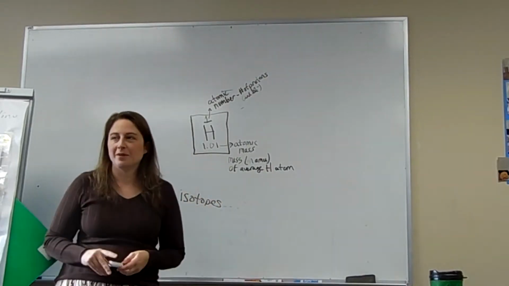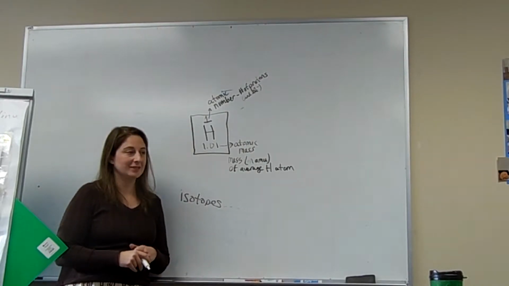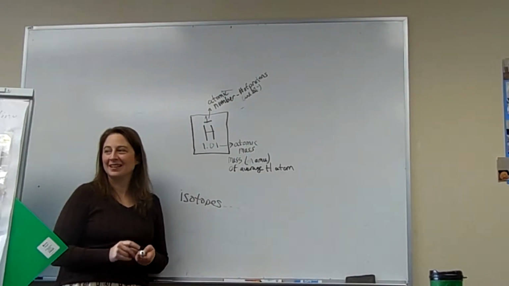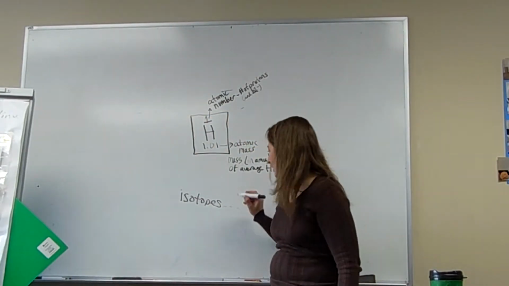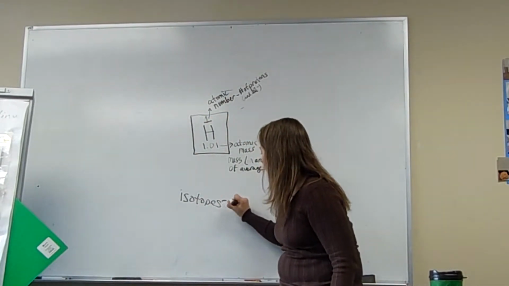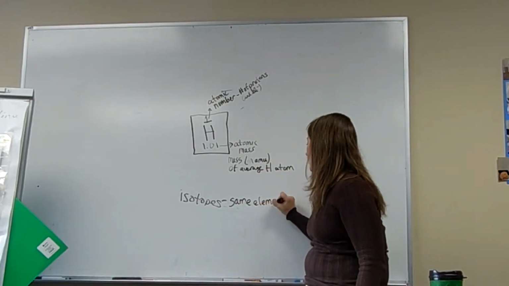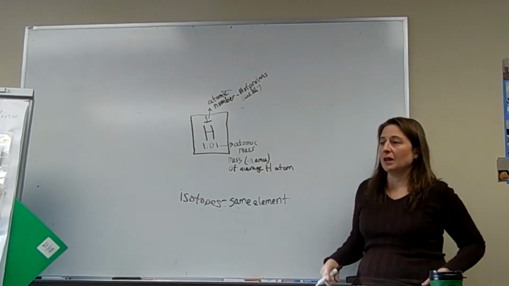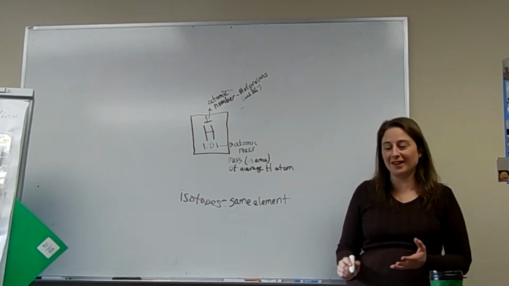Okay, so anyone want to go for a definition of isotope? Someone knows, right? It's an atom with different numbers of neutrons. Okay, so isotopes would be the same element. If you have a test question or a practice problem like this, and you are told to choose isotopes, pick the same element.